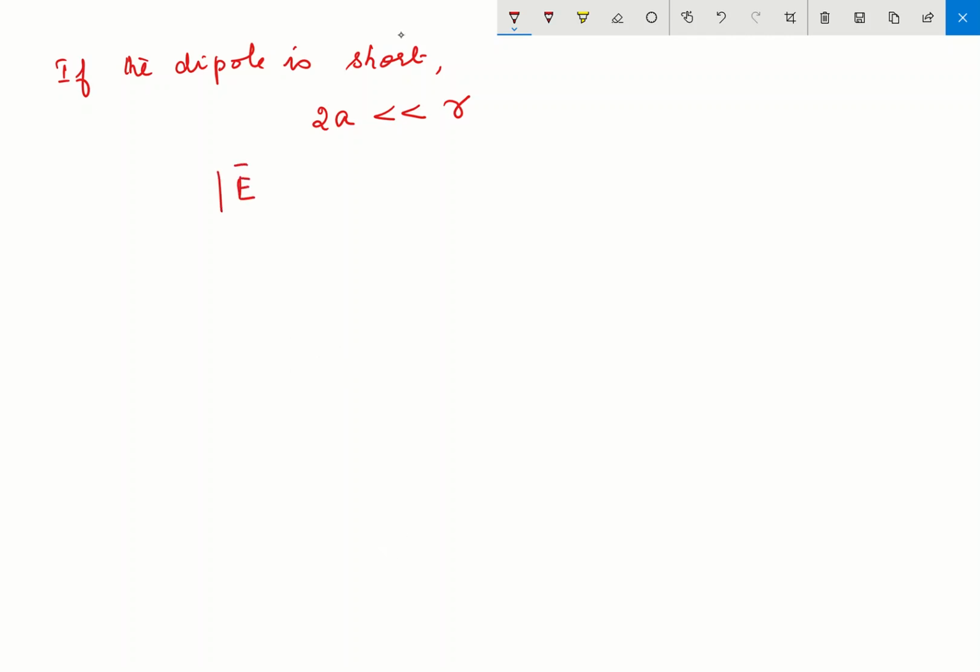E can be written as P by 4 pi epsilon naught 2R over (r squared minus a squared) the whole squared. Here a is very much smaller than r, therefore a can be neglected. So r squared minus a squared the whole squared can be written as r power 4, because a is very small when compared to r.